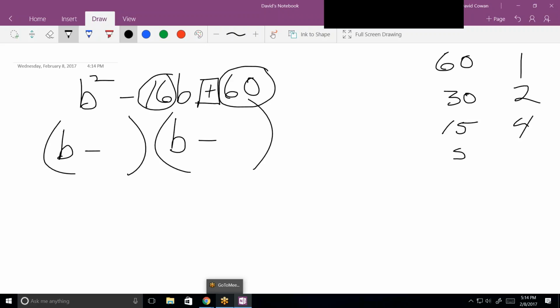So I can make that 5, triple that, that's 12. Now notice I can go the other way. I can cut this one in half, 12, and double this.